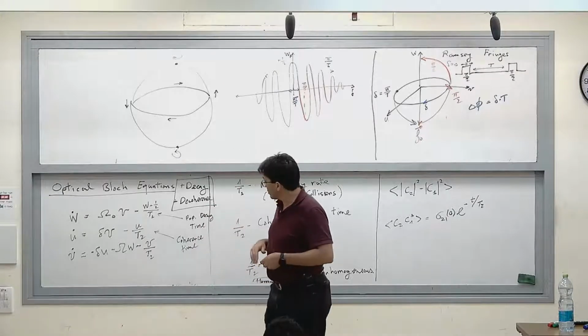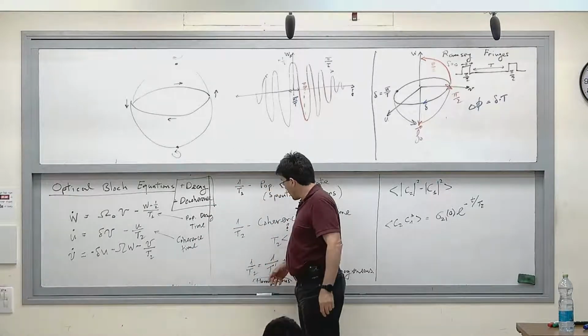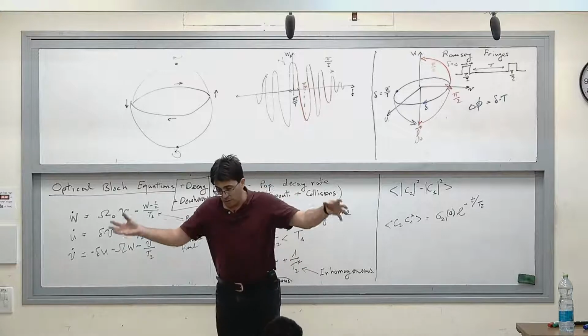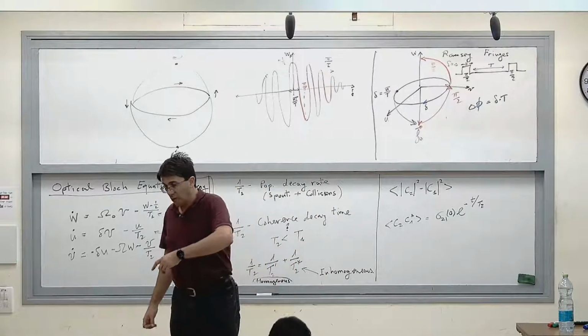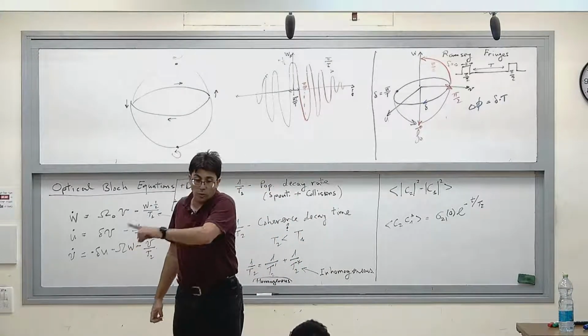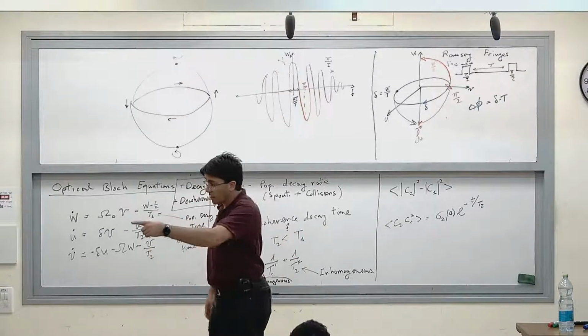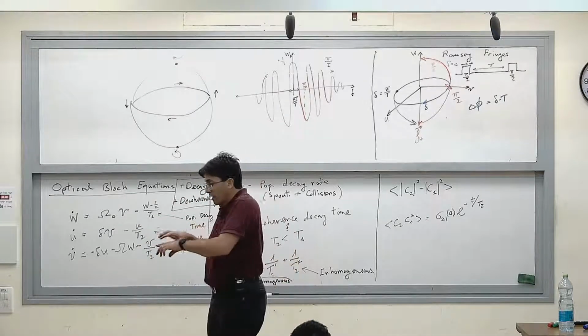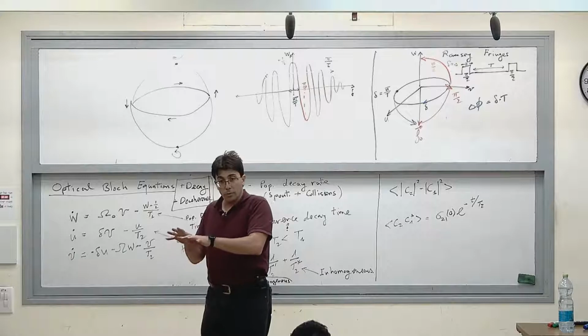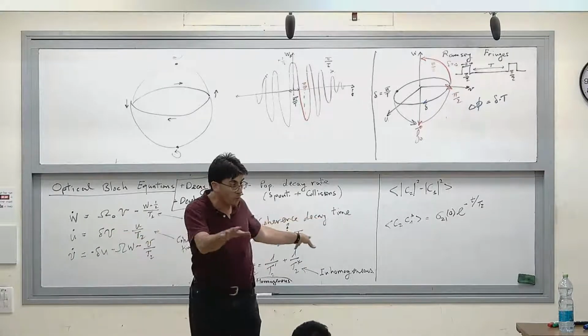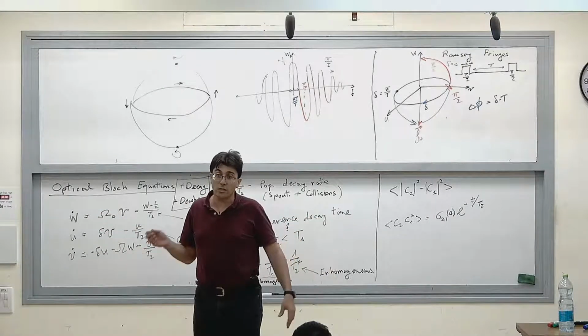So if I look at the entire ensemble, some atoms see positive detuning, so they're running like this. The others see negative detuning, they're running like that. And on average, very quickly, the distribution broadens across the UV plane, and on average, I see 0.